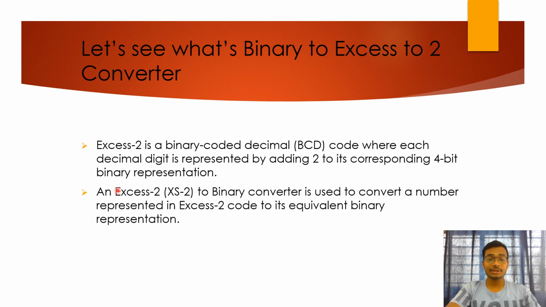Then we have the reversal of that, that is Excess-2 to binary representation, where the number is already represented in the Excess-2 format, and we can convert that into a binary representation. But in this lecture, let us deal with binary to Excess-2 code conversion.